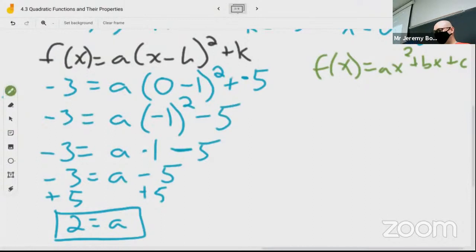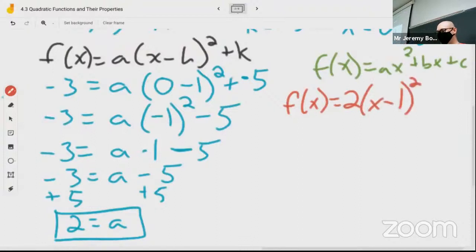And so what we're going to end up with, let's go with red one, is f of x is equal to 2 times (x minus 1) squared plus -5. So we're substituting everything but x and f of x. Substituting in a, substituting in h, substituting in k.